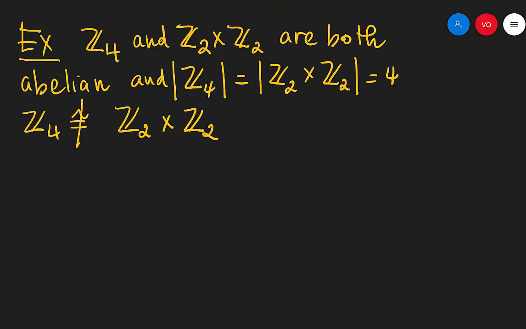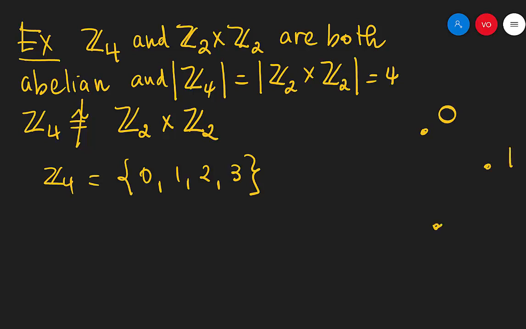Okay, so we will show in this example that although Z4 and Z2 cross Z2 are both abelian and both of order 4, they're actually not isomorphic. The best way to see this is to look at the Cayley diagram. Let's first start with Z4, which contains 0, 1, 2, and 3.